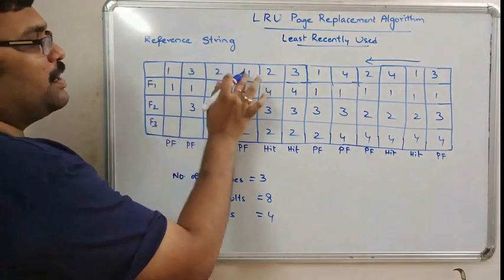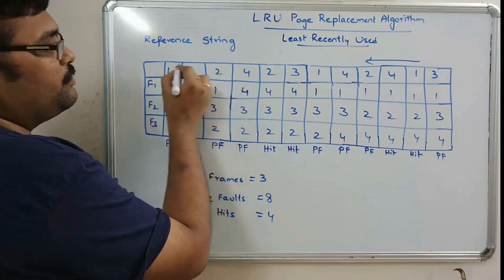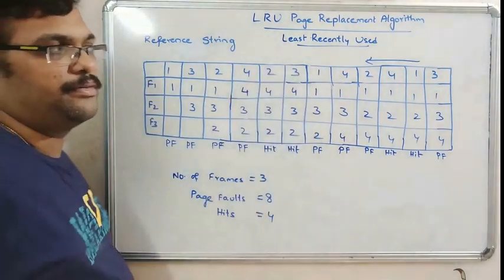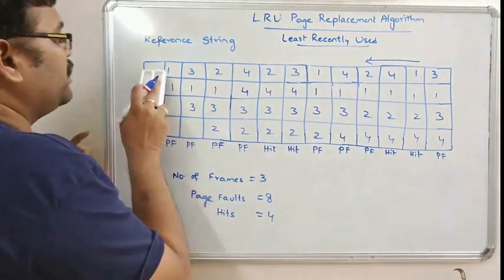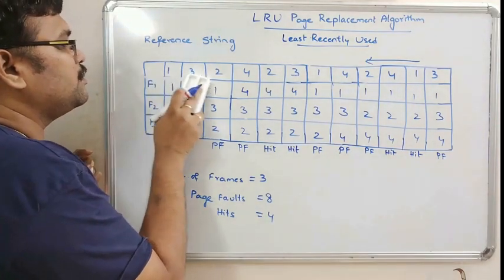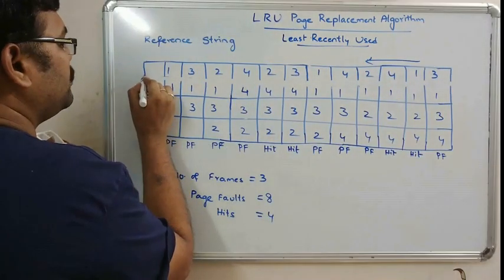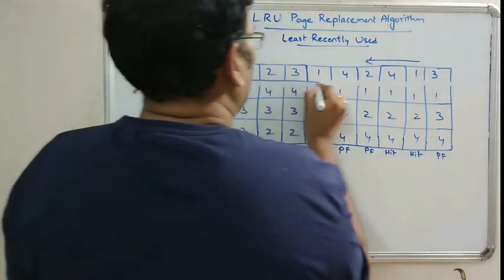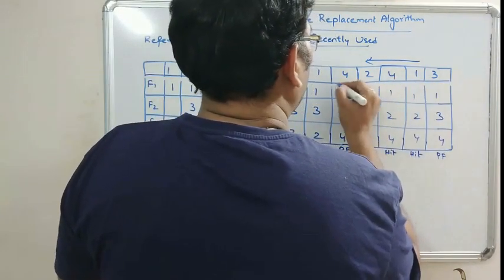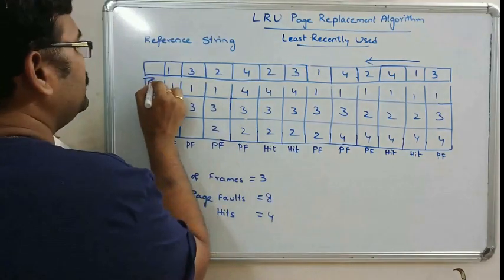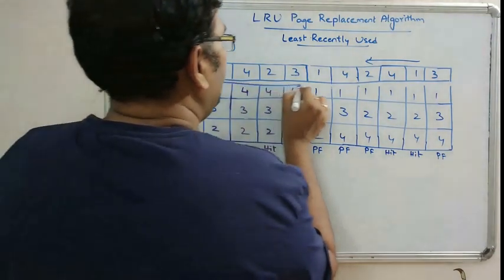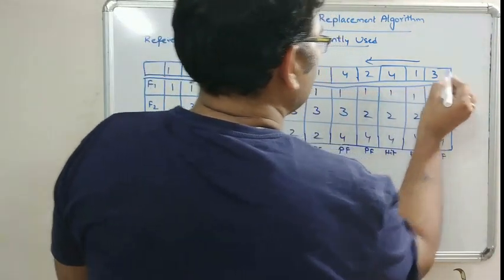So all this one is the reference string. Right? So don't get confused here. This is completely the reference string. And this is the main memory where we are loading the pages.